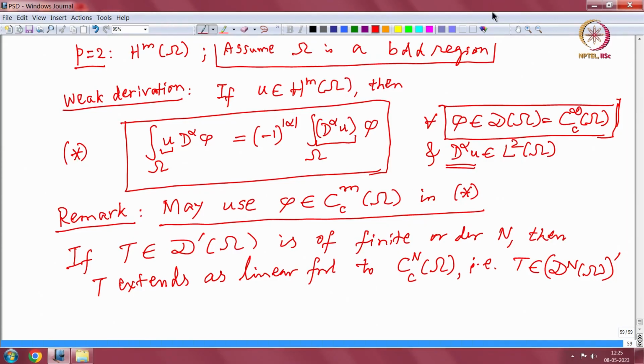Okay. So in particular, if we take H1, just continuously differentiable functions with compact support will do. So that's an important observation. And the next thing: we have already seen examples of locally integrable functions having derivatives not in the class of functions. They are already measures.